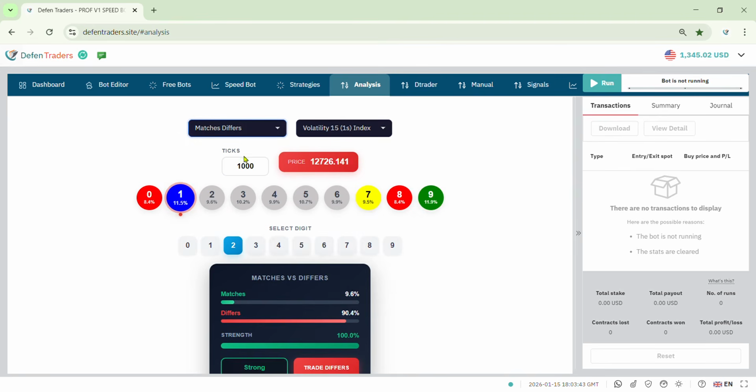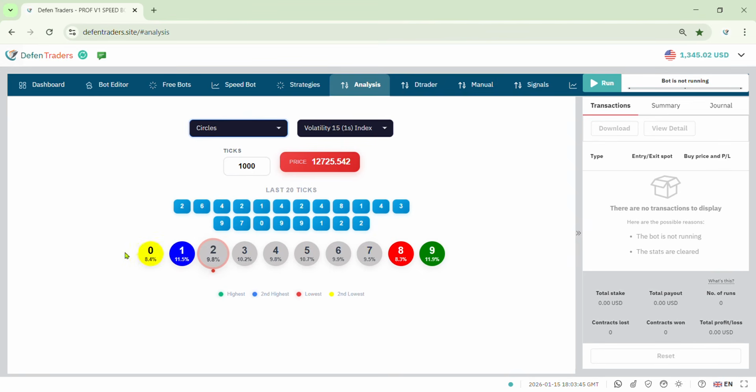That tells you that these digits, 0 up to 9, can be traded for any contract as far as it is a digit contract or market. So for 0 up to 9, we have the distributions that you can see in terms of percentage, and the different digits add up to 100%.